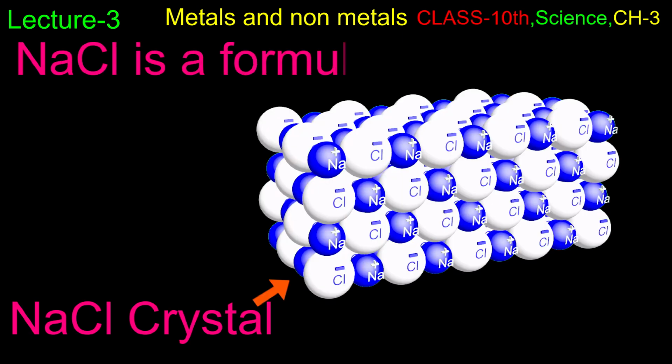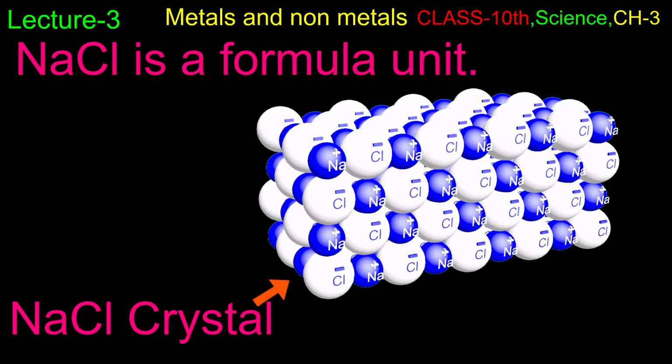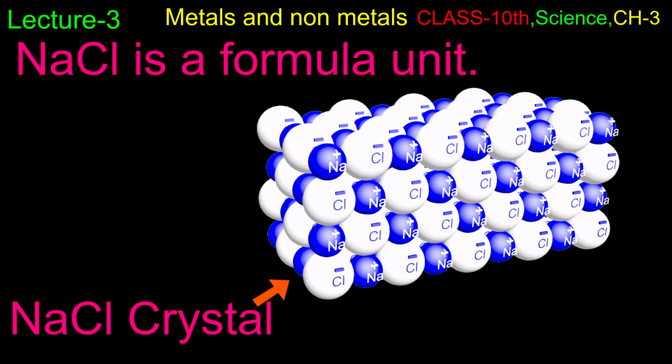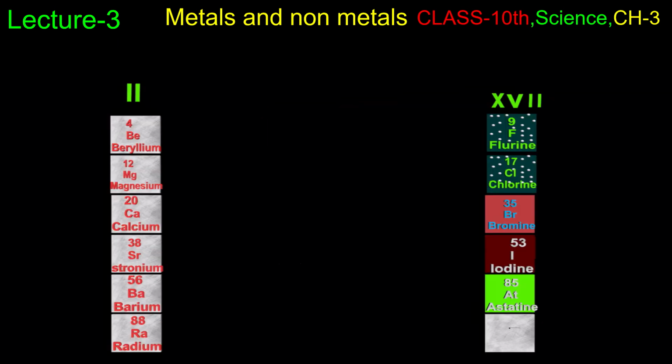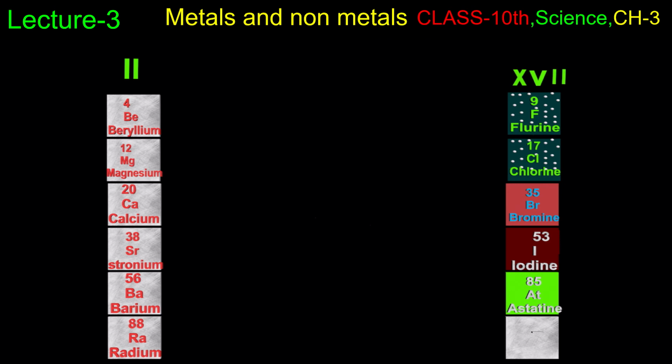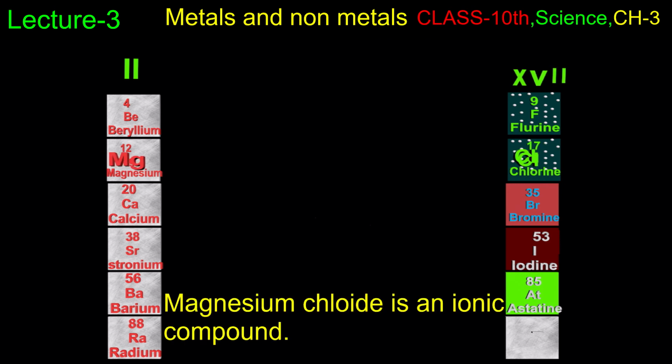NaCl is thus a formula unit and not a molecular formula. Same happens in case of group 2 metals and group 17 non-metals when they react with each other. For example, let us have a look at magnesium and chlorine reaction. The compound formed is magnesium chloride, which is an ionic compound.